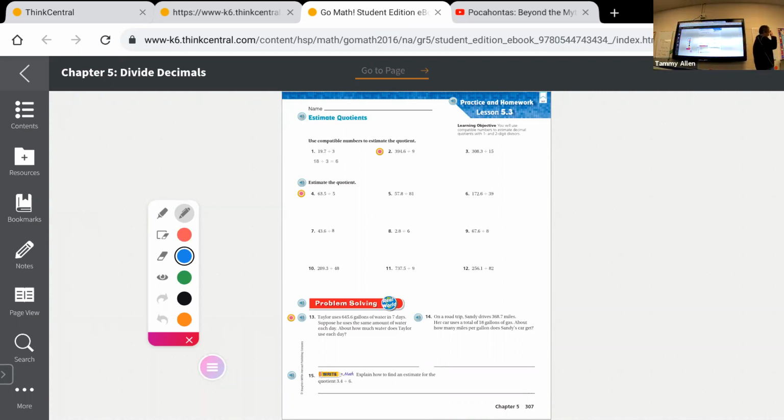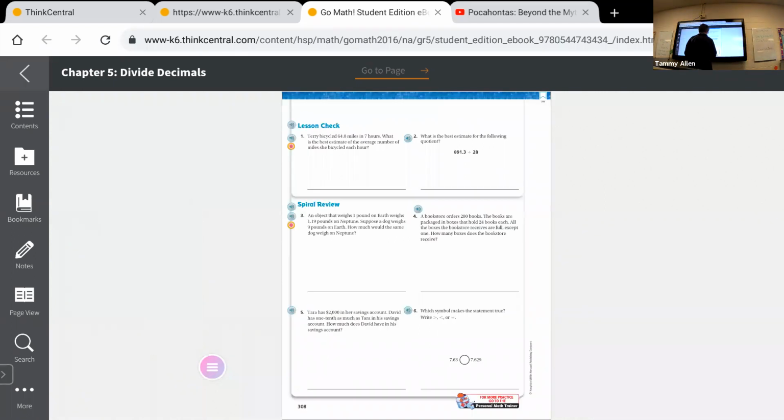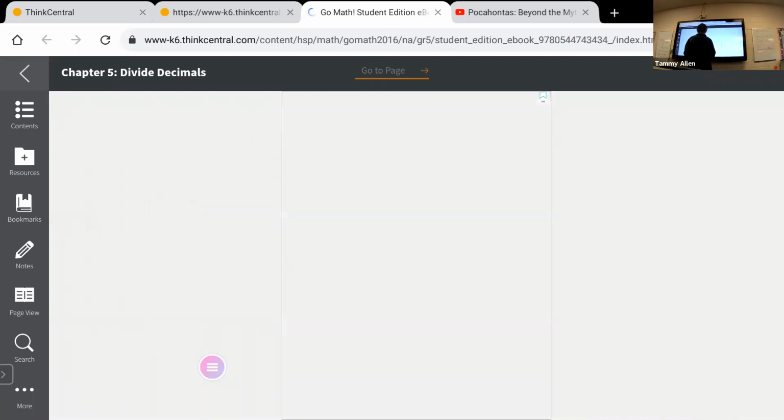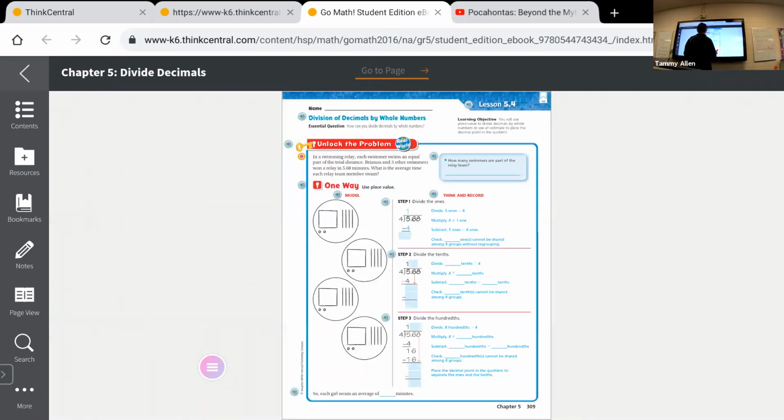Okay. So let's turn to page 309, please. And on 309, we have this 5 and 68 hundredths that we are dividing by 4.